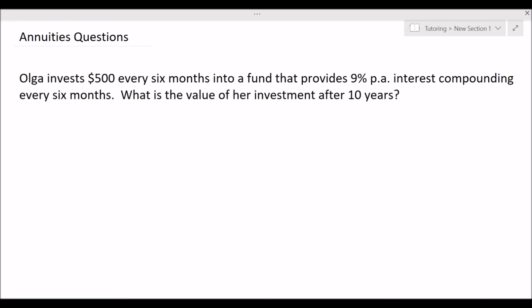Okay, so the answer, the correct formula: this is the deposit phase, because you can see she's putting in money every 6 months. So that's the deposit phase. And we want to know what is her investment in the future. Okay, so you need the future value formula.